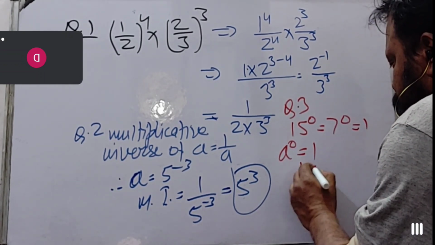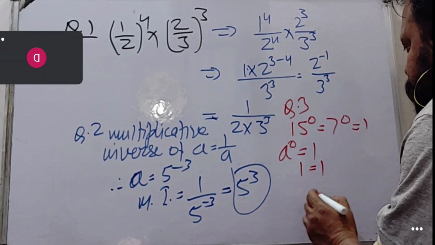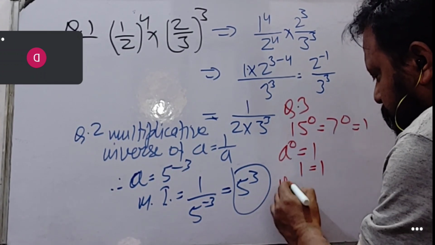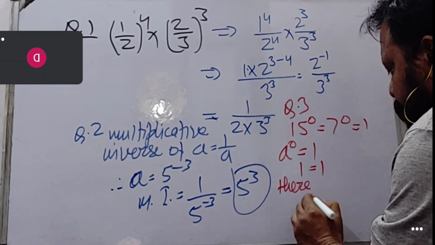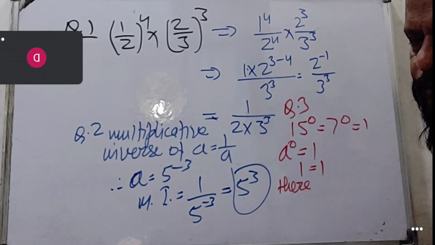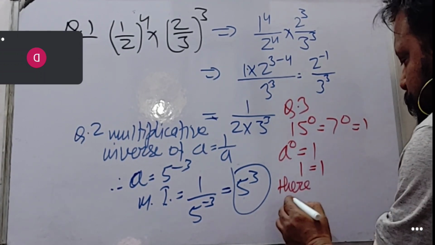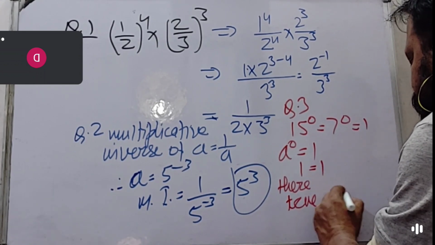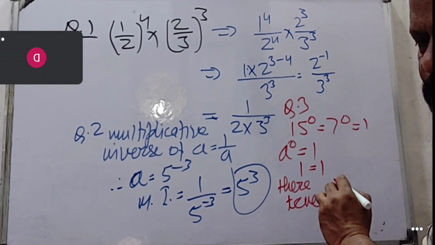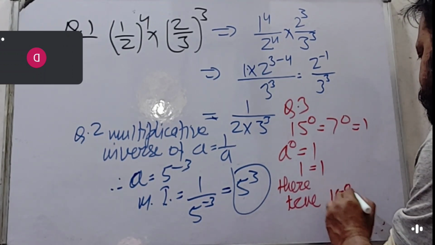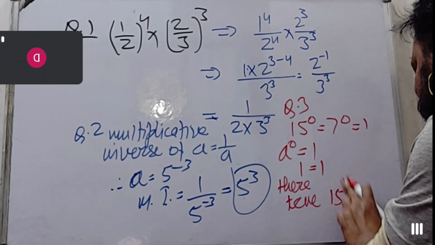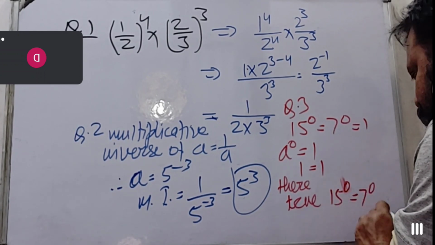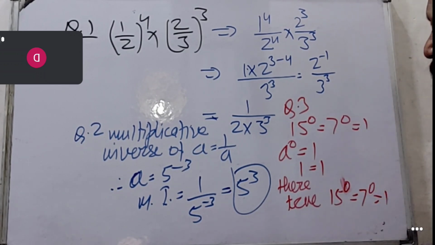So 1 is to 1. Therefore true. 15 raised to the power 0 is equal to 7 raised to the power 0 is equal to 1. So this is question number 3.